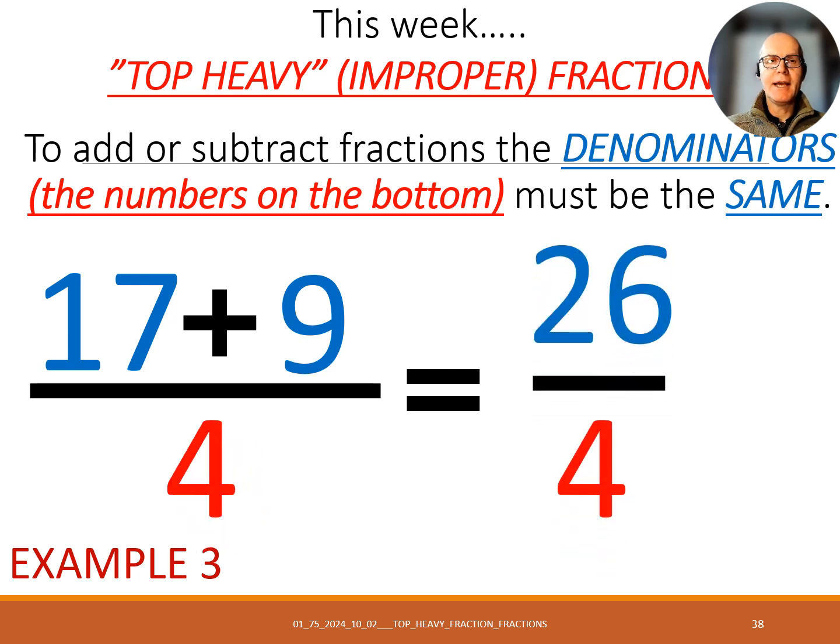Fourth is common, and 17 plus 9 is 26. 17 fourths plus 9 fourths is 26 fourths.